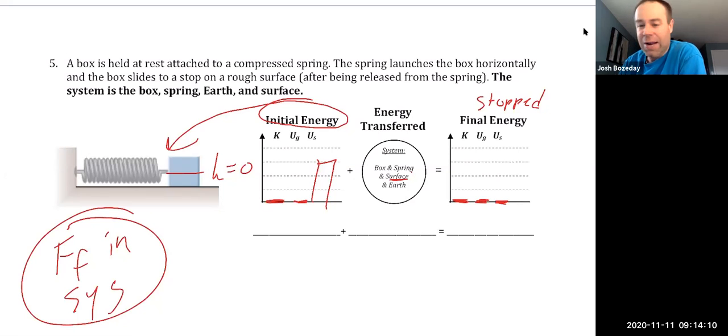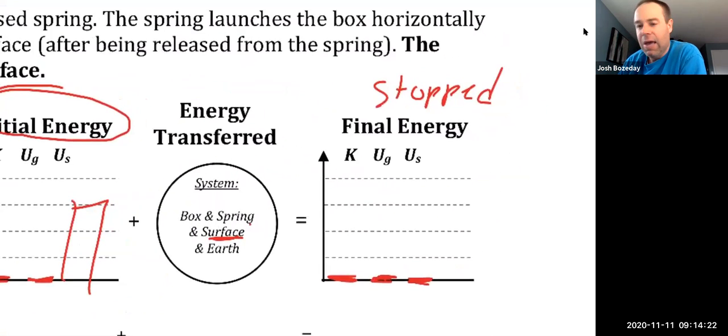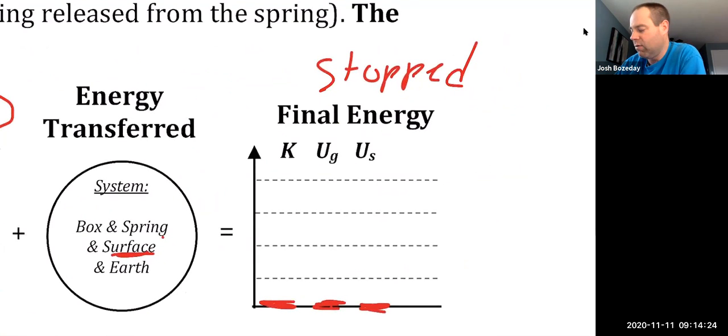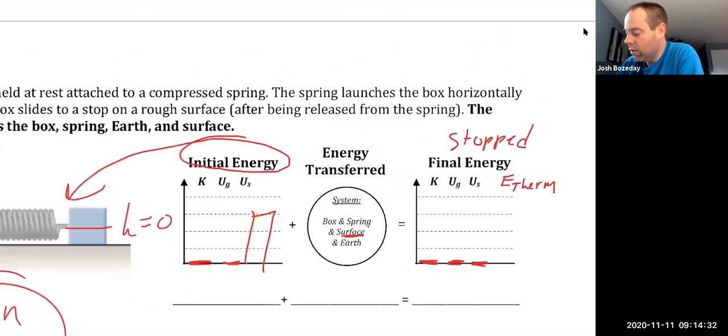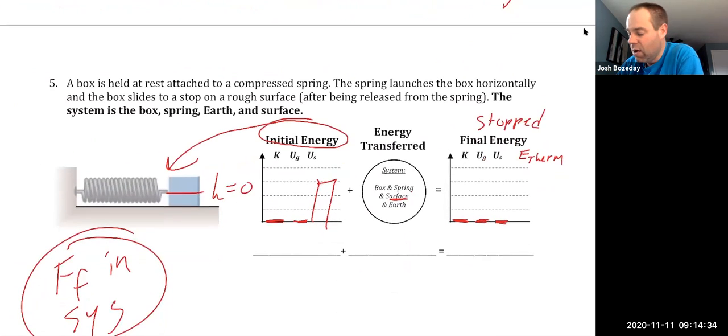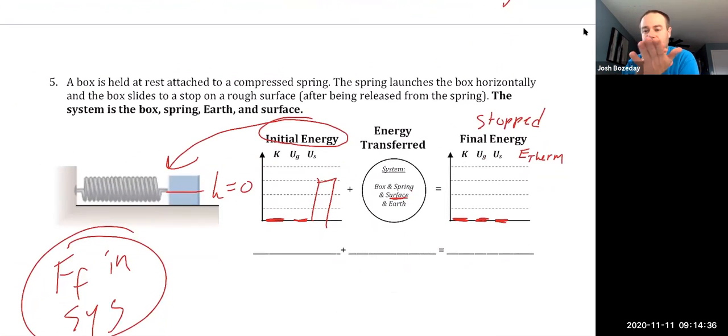So for a moment, you should ask yourself, this seems impossible, right? We've got 3 units of energy here, no work, and no energy here. That's impossible. We need all our energy accounted for. And what we're missing, if you watched the video that I sent out yesterday, is E thermal. There's thermal energy, because that's what happens when the block rubs along the ground.